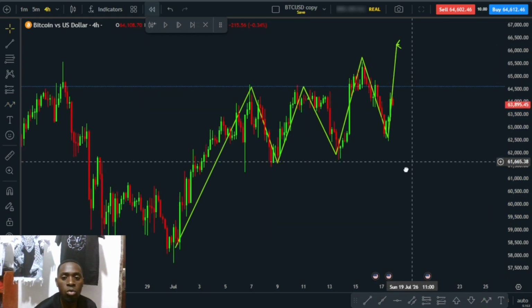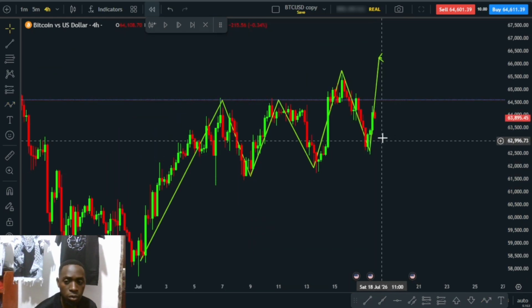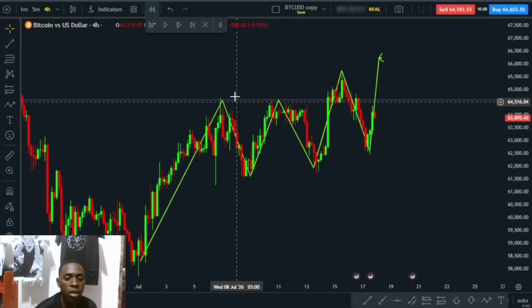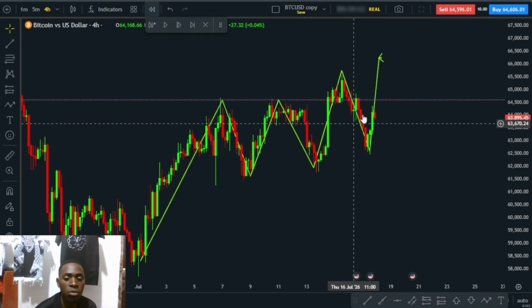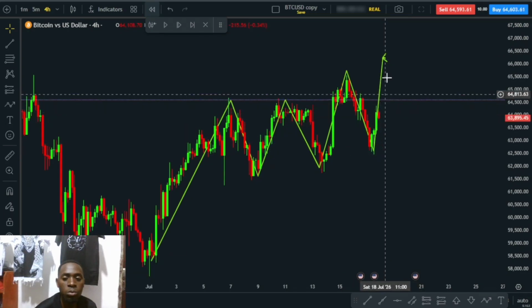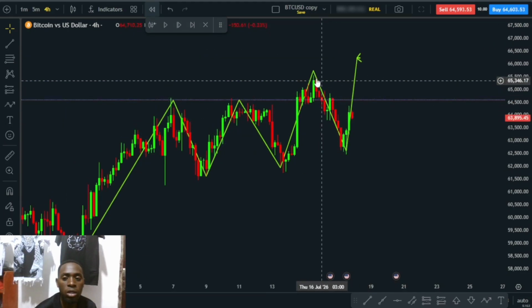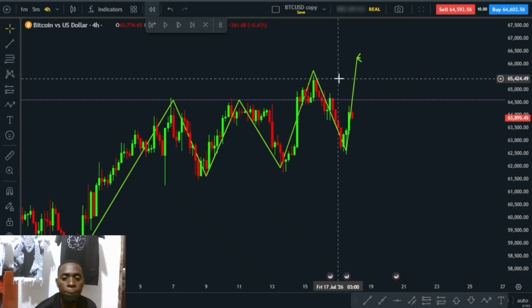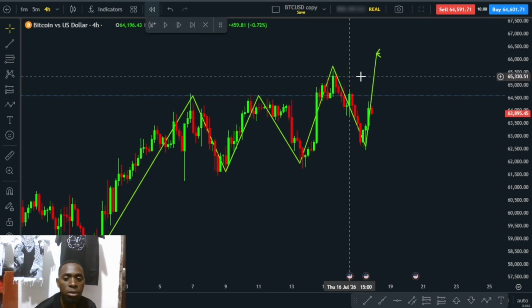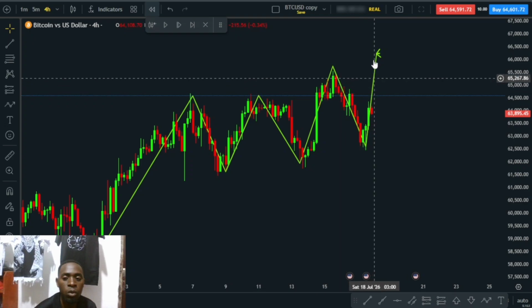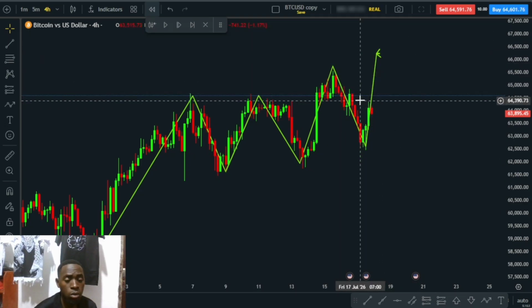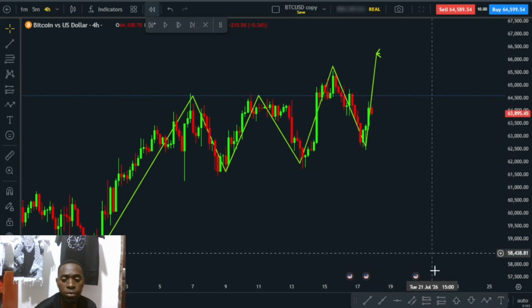If you notice this series of higher highs, higher lows, higher highs, higher lows, you will assume the next move is going to either create a failed high, which will stop right there at the high, or create a new higher high, meaning it will break that high.